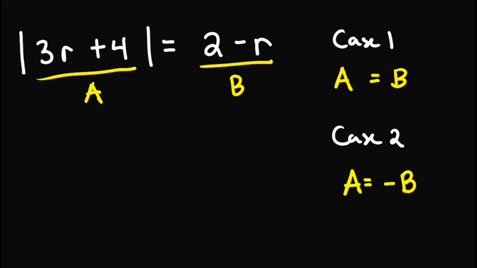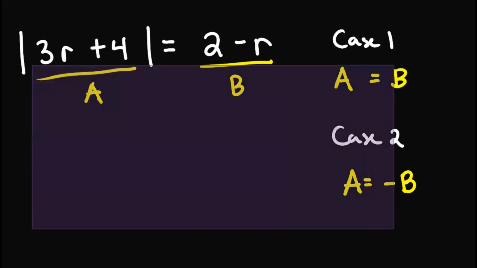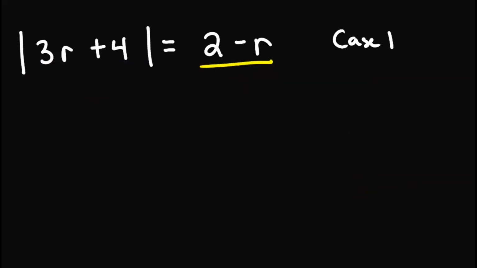We'll use the same concept here, since we don't know if 2 minus r out here is positive, negative, or equal to 0. So this is the safest one. So we have case 1.